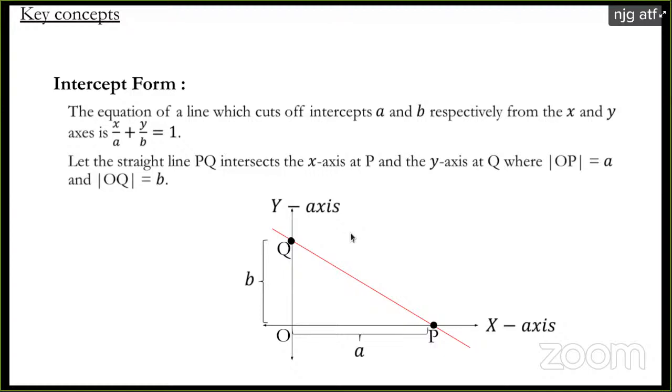Sir, here you used mode of OP and mode of OQ. Yes, it is just the distance. Distance will not be negative, right? When I talk about OP, we give modulus so that it is positive.